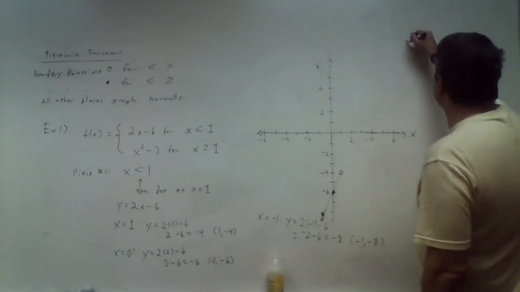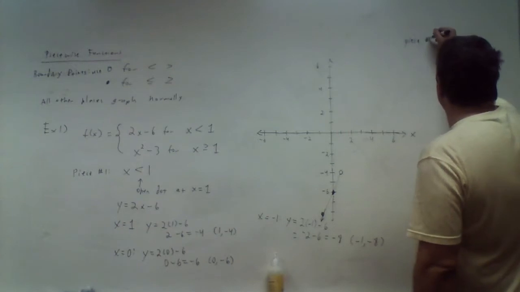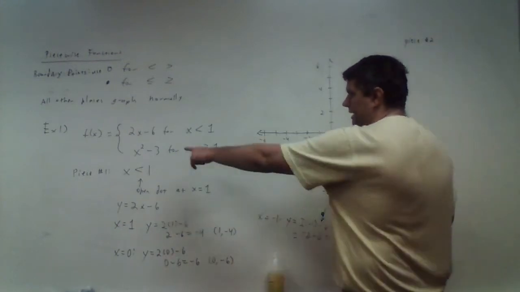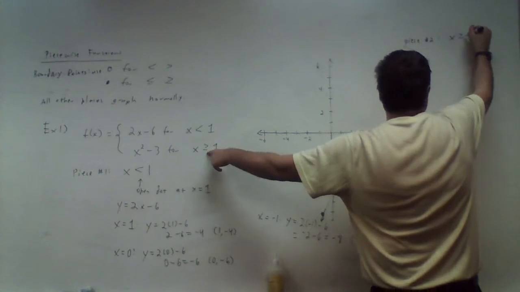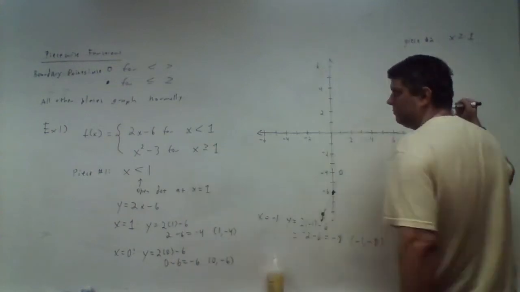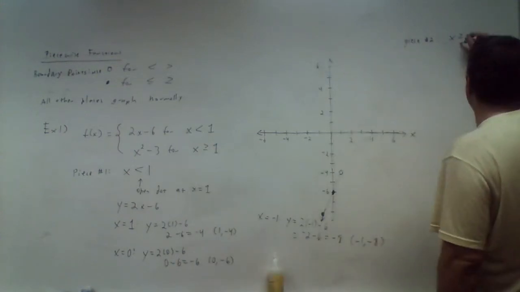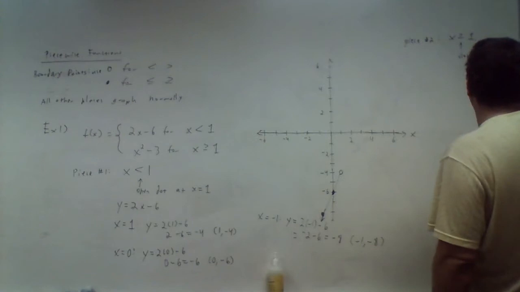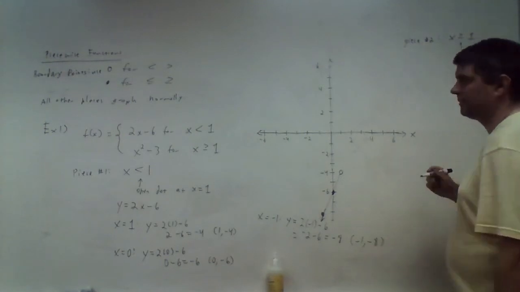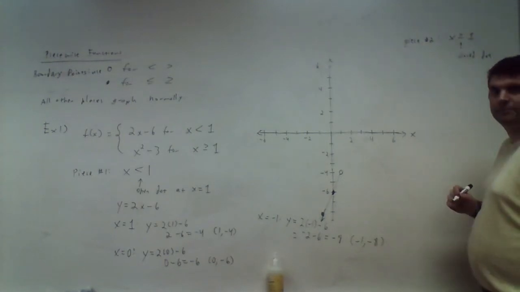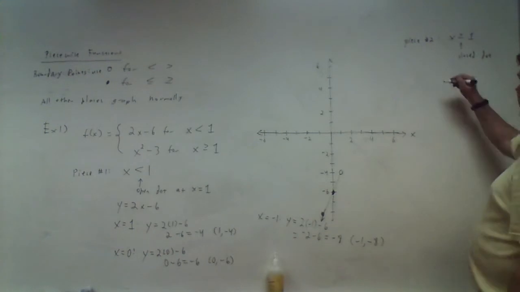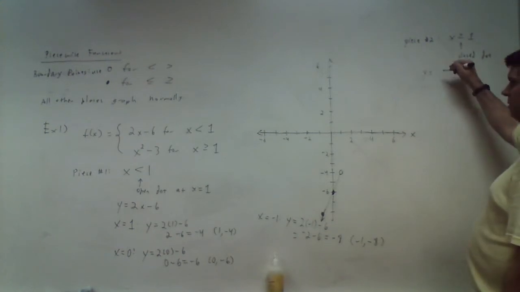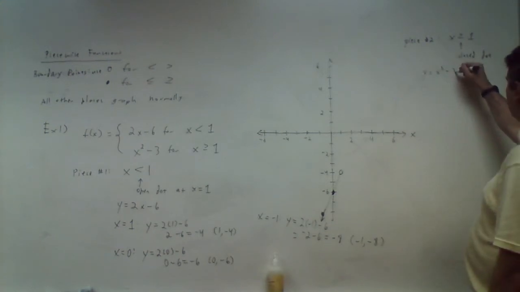Okay, piece number 2 is for x is greater than or equal to 1. Okay, that's going to be a closed dot because of the or equal to. And the rule is y equals x squared minus 3.